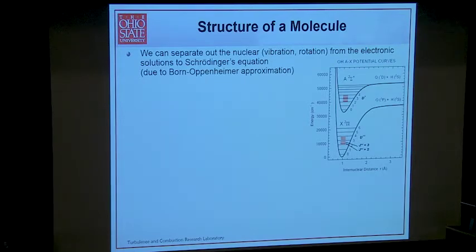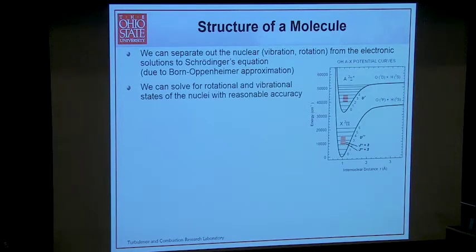What this implies is that the distance is no longer a variable, but it's now a parameter. From the viewpoint of the electrons, the nucleus is frozen, not moving. So it's at a fixed position, and we'll use this in our analysis.